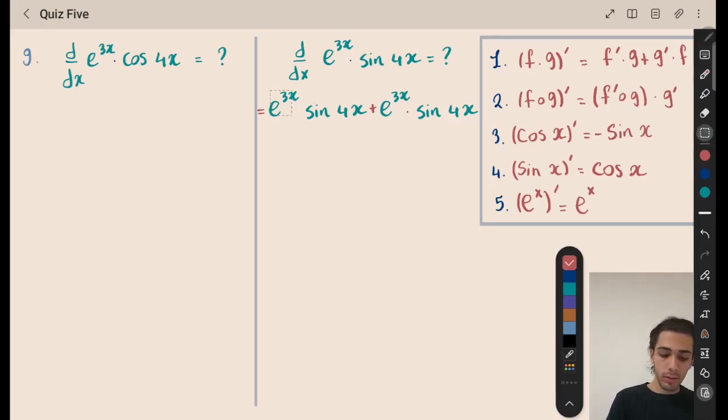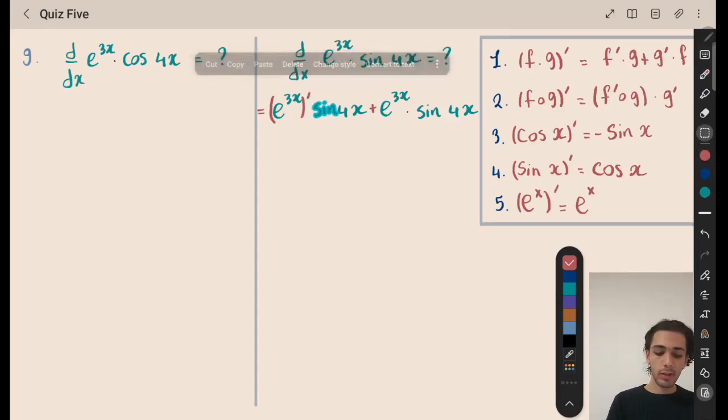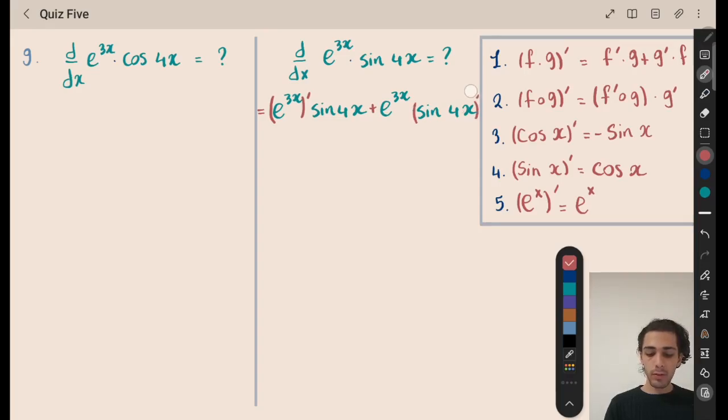So what's going on? Let's say I'll fix e to the 3x and just leave sine of 4x as it is. But then I will now leave e to the 3x and take the derivative of sine of 4x. So precisely this is the derivative.